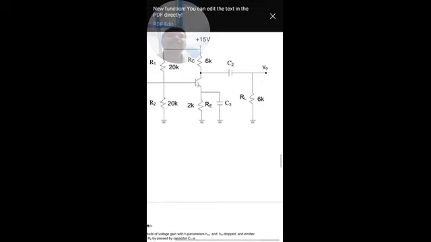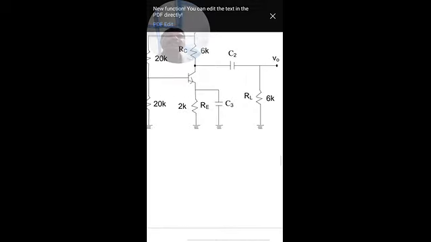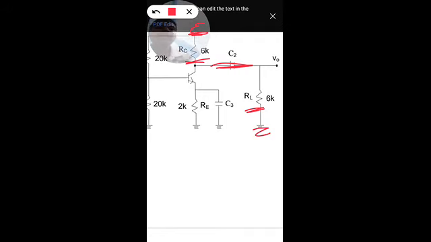Load resistance is given as 3 kilo ohms here, 6 and 6 in parallel. RC and RL both are in parallel, since the capacitor acts as a short circuit. Here we have a ground, so RC and RL both are connected between the collector terminal and the ground.